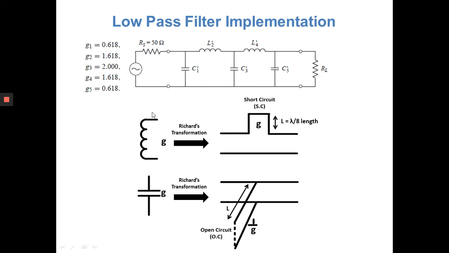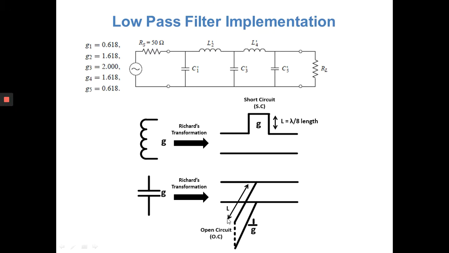Okay, so this is our circuit so far. We have all the G's, like G1, G2, and I already told you until G5. So if we encounter any capacitor with the Richards transformation, we can convert this capacitor to the open circuited stub. This type of open circuited stub we learned in the matching networks and tunings.